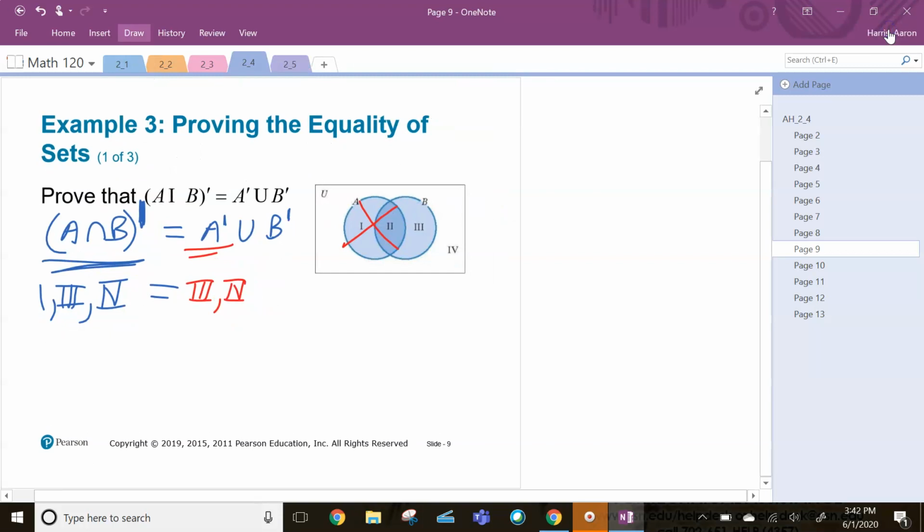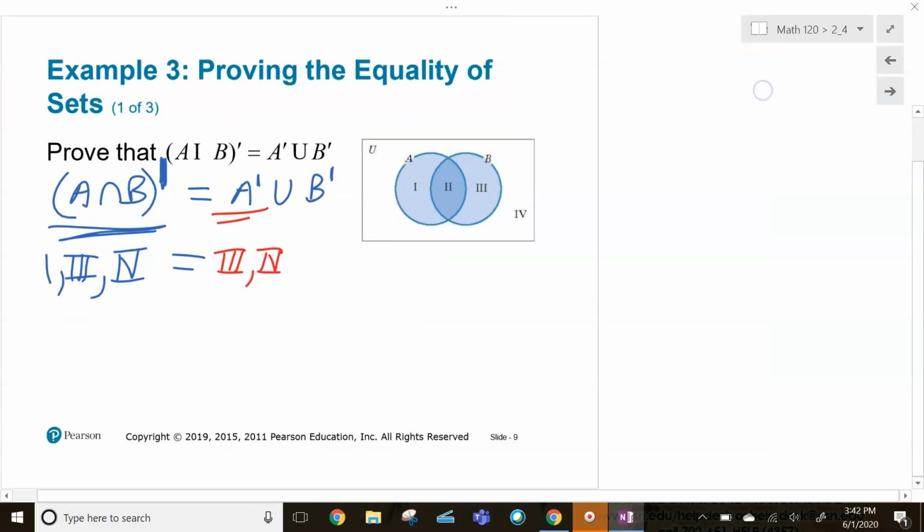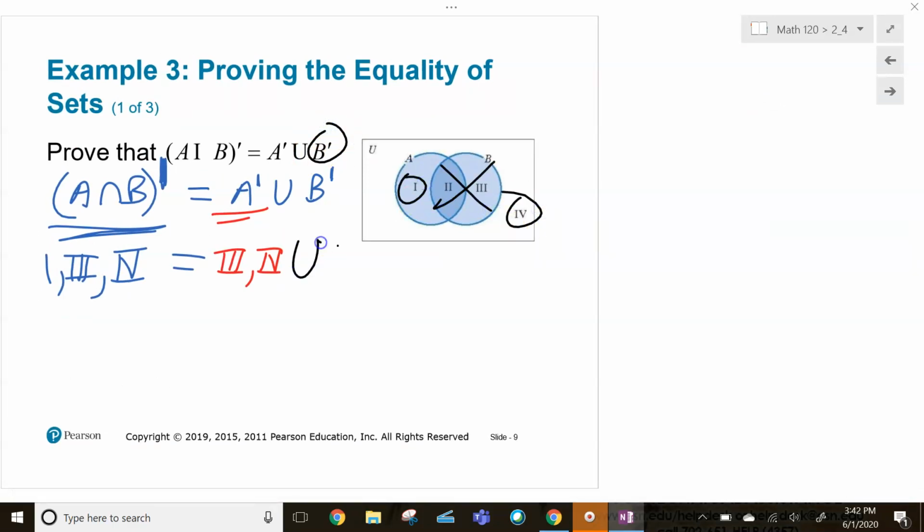And then not B would be 1 and 4. And then I'm taking their union, so one or the other. So they'd all be in. So 1's in, even though it's just on the right-hand side. 3's in. 4's on both sides. That's great. So 1, 3, and 4.